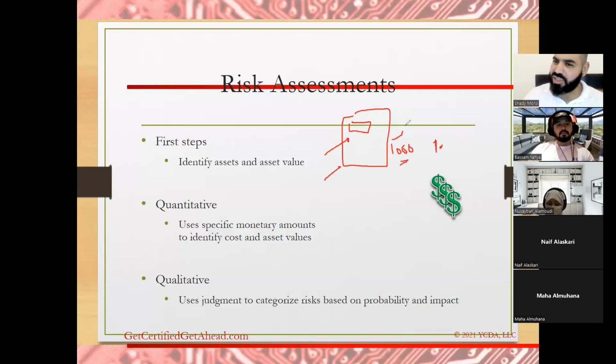This website generates 1,000 riyal revenue every day, and someone launched a denial of service attack and the website is down for 2 days. How much have I lost now? 2,000. Exactly, I lost 2,000 riyal, because my website that generates revenue is down. This is called identifying assets and identifying asset value: how much this asset is making for me. In some terms, they will say how much it will cost me to recover this asset.